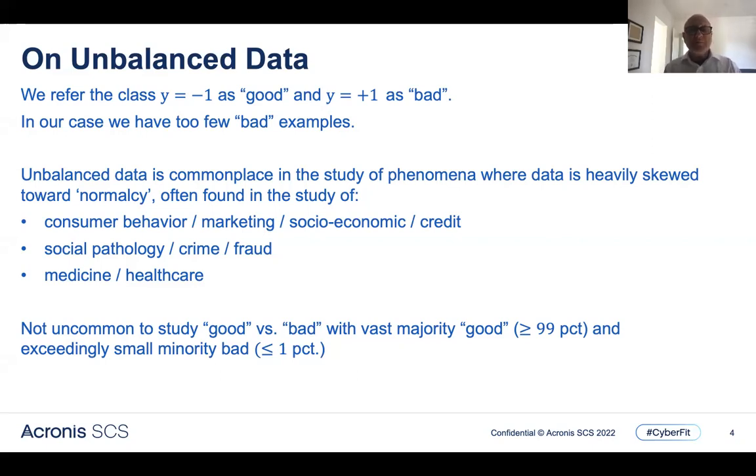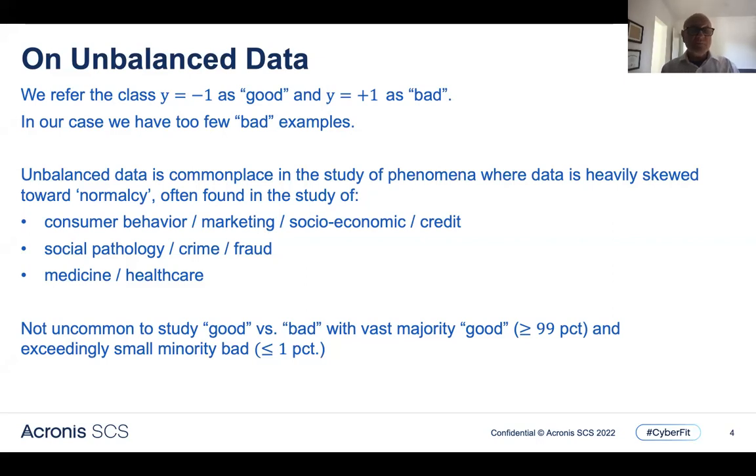Unbalanced data is commonplace in the study of phenomena where data is heavily skewed toward what you might regard as normalcy. This is often found in the study of consumer behavior, marketing, socioeconomics, credit.